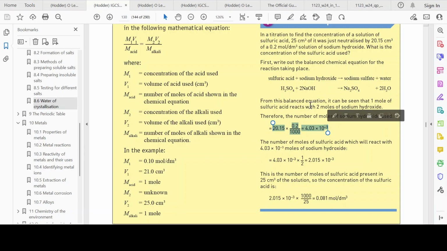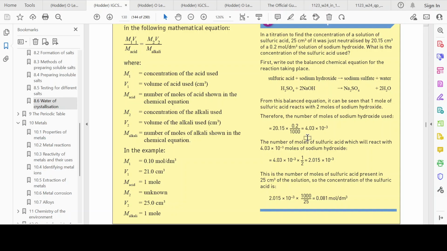Not from the equation, but actual number of moles. And then they used the mole ratio to find the number of moles of sulfuric acid. And then they used the number of moles of sulfuric acid to find the concentration, which is also correct, right? So you can do that, and in fact, it depends on the question.